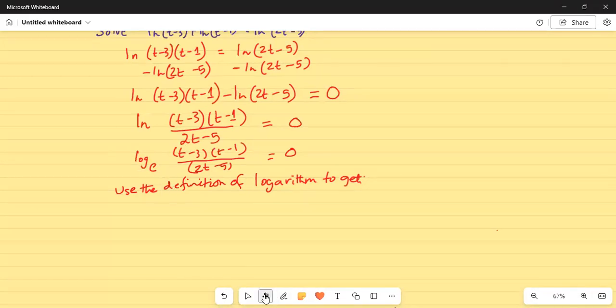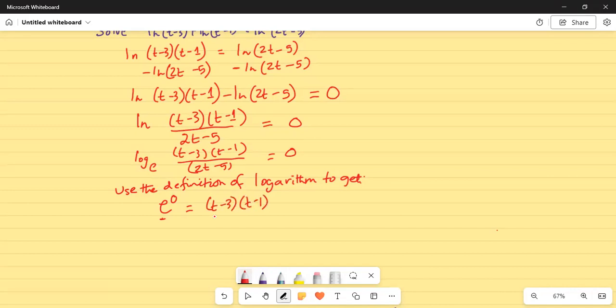So from the definition of logarithm, I get e to the power of 0 is equal to t minus 3 times t minus 1 divided by 2t minus 5. Okay. Now anything raised to the power of 0 is 1. So 1 is equal to t minus 3 times t minus 1 divided by 2t minus 5.